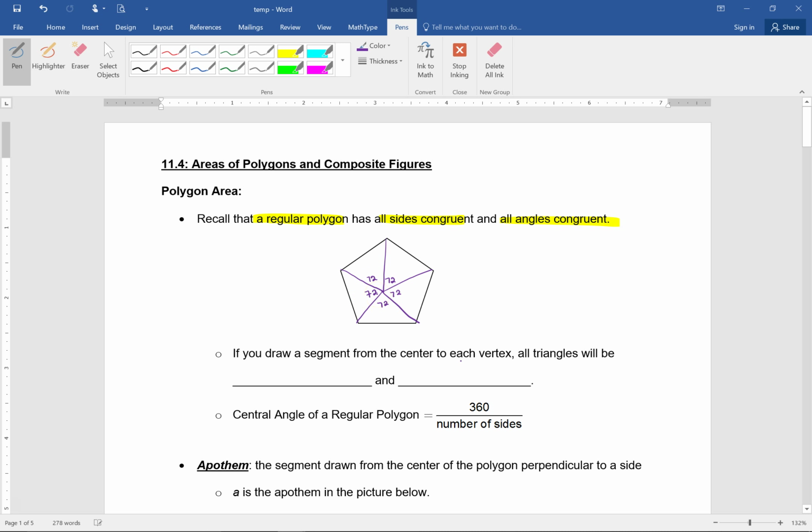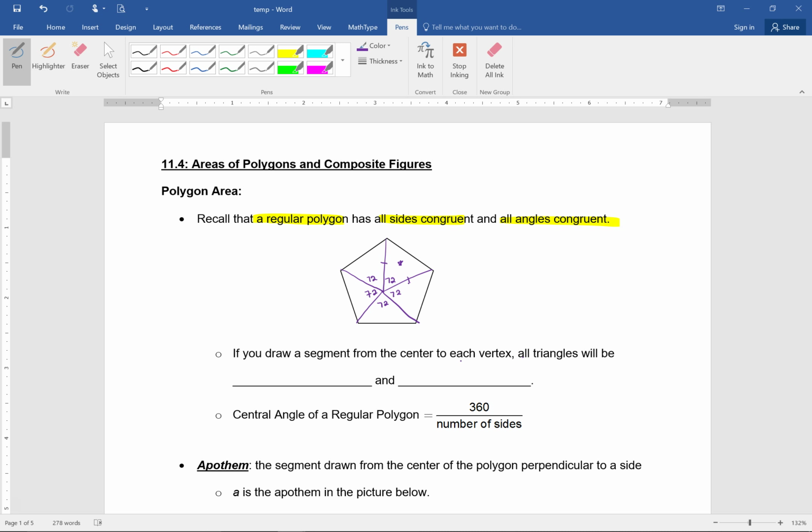Okay? So I have 5 triangles, right? And they're 72. Now, what do I know if I take this one triangle right here that I've put the star in? What type of triangle is that? That's an isosceles triangle, right? Because these are equal. Okay?